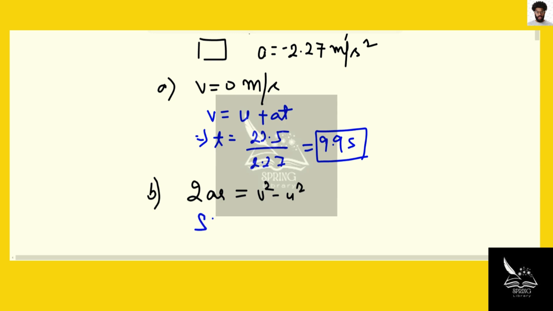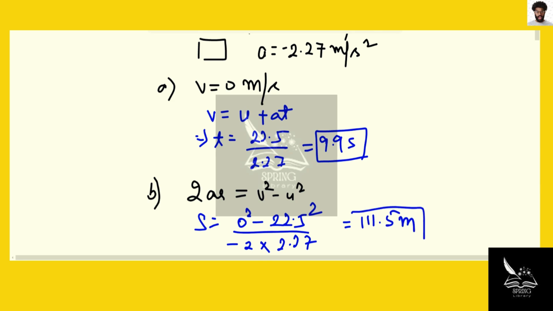So that will be 0 squared minus 22.5 whole squared divided by 2 times the acceleration, which is negative 2.27. So we take the square of 22.5 and divide it by 2 times 2.27, and that gets us the distance traveled as 111.5 meters.